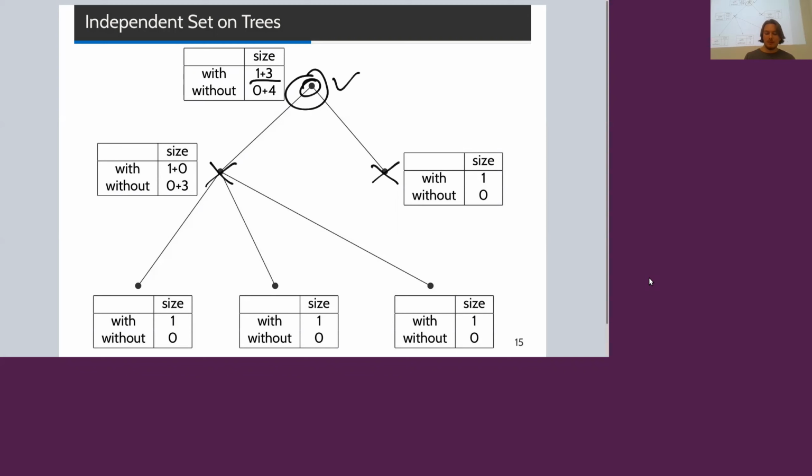And if we don't put the vertex inside, we can take the maximum of the two subtables and add them up, and we also come up with a number of 4. And the way we read out the final solution would be by taking the maximum of the table in the root.